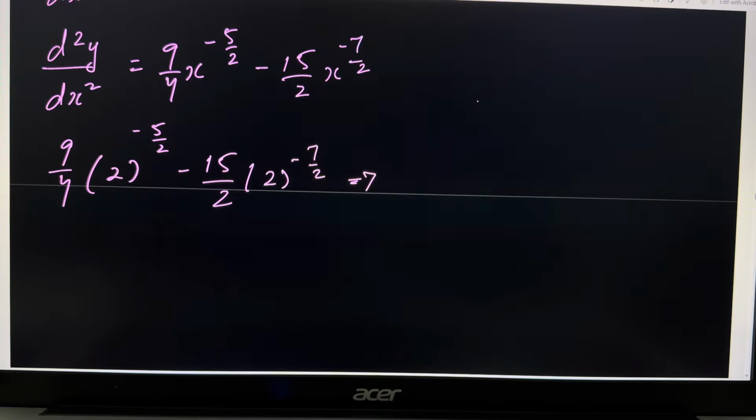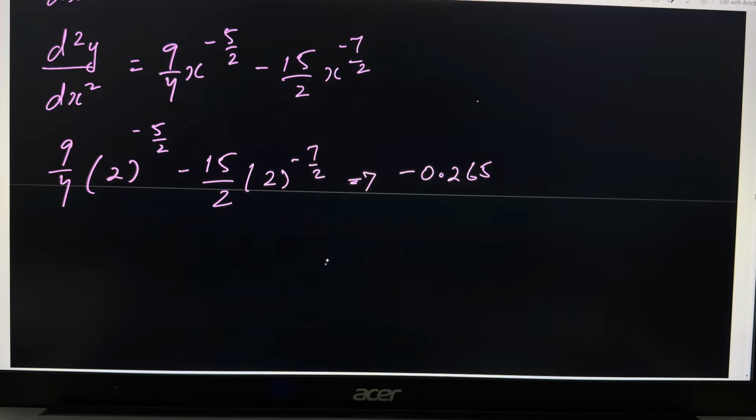This is a decimal value, but this gives us negative 0.265 and more. So of course it's negative, which means d2y/dx2 is less than 0, so it's a maximum.